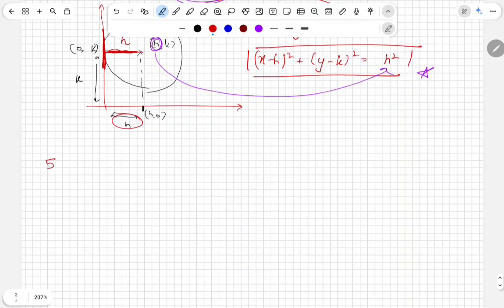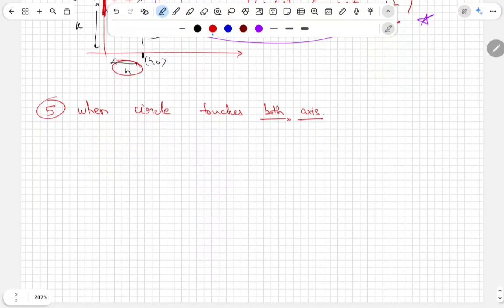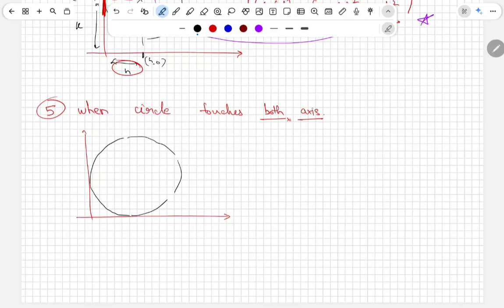Let's focus on the fifth point. When the circle touches both axes. This is an important point. If the circle is touching both the axes, the center is at some point.